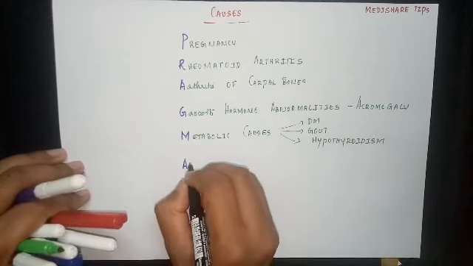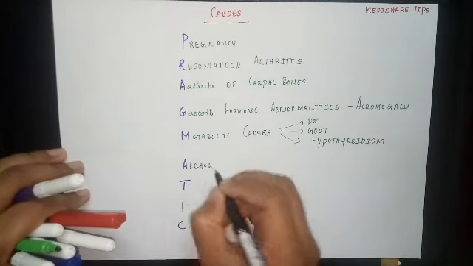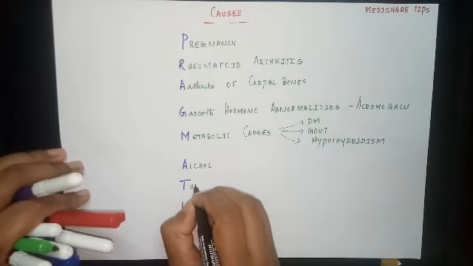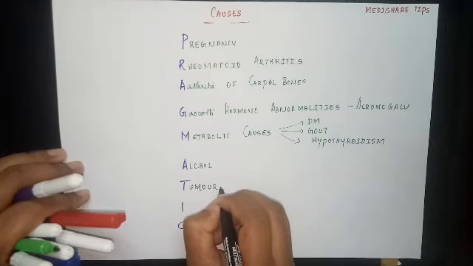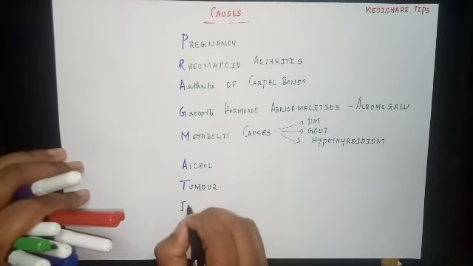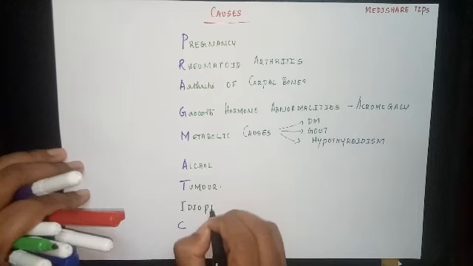And A stands for alcohol use. T stands for tumor. I stands for idiopathic causes.